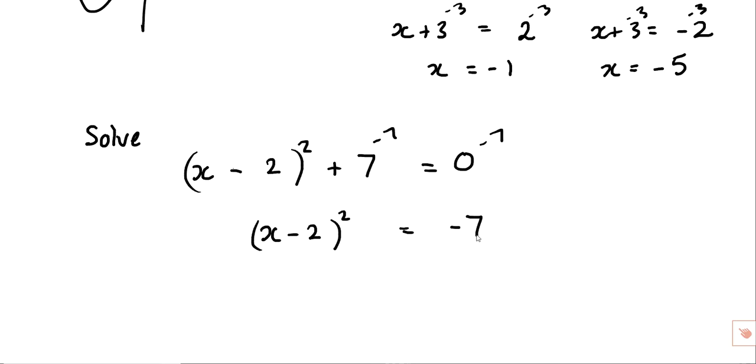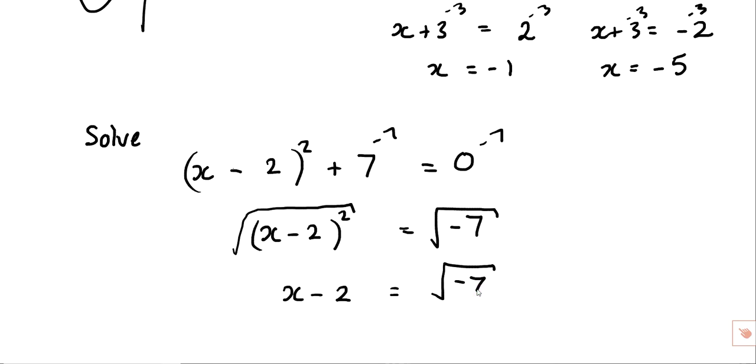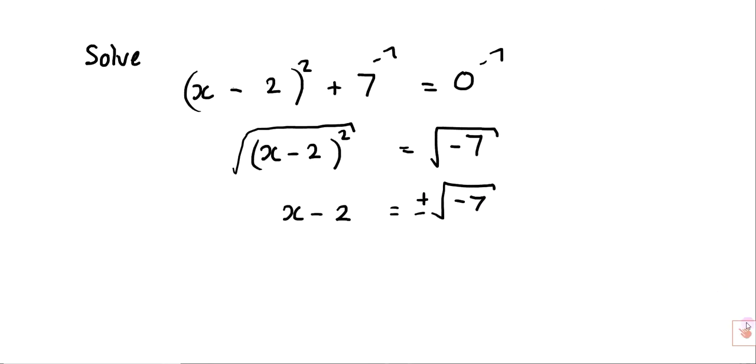Next stage. Square root. So if I square root both sides, I get x minus 2, square root gets rid of the square, equals the square root of negative 7. Do I do positive or negative? Yes. Okay. What do I do to finish off then?